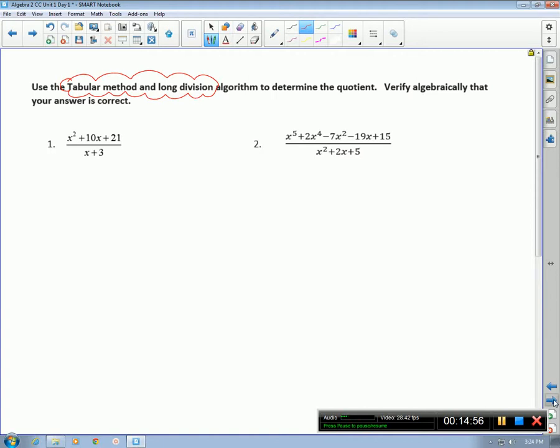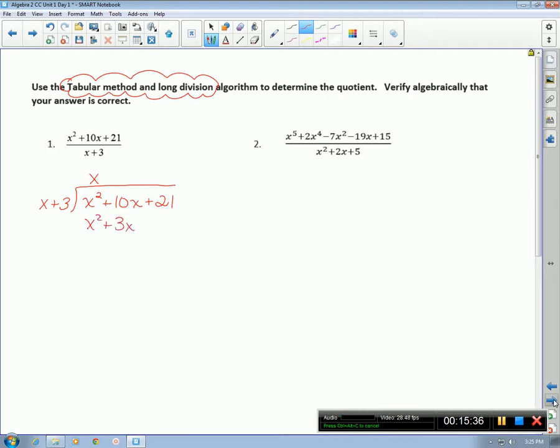I will do these first two, and then long division with this one. So our divisor on the outside. Okay, here we go. x goes into x squared, x times. Multiply.